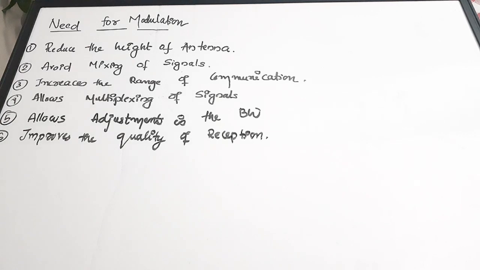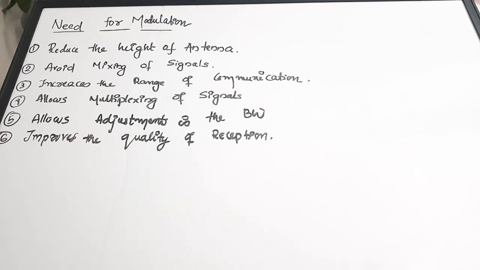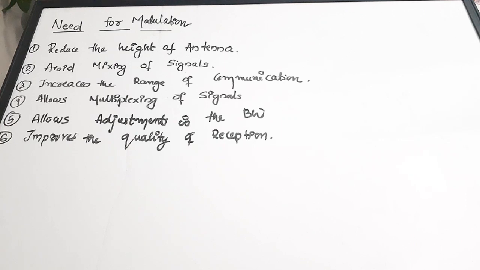Consider that if you are going to use our original signal, which is a lower frequency signal, when we are receiving, the signal may have faded, or may not reach your destination or receiver. Okay, so when we are using a higher frequency signal, it can easily travel a longer distance or a higher range, and hence the quality of reception will also increase. Okay, so that is the sixth advantage, that it improves the quality of reception.